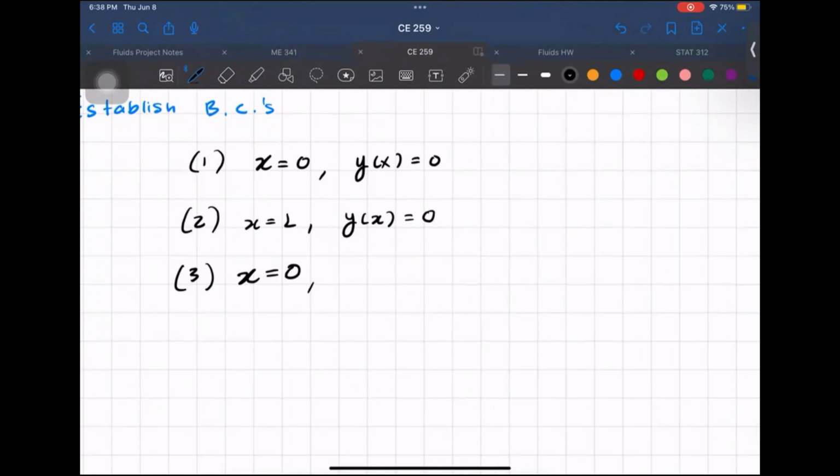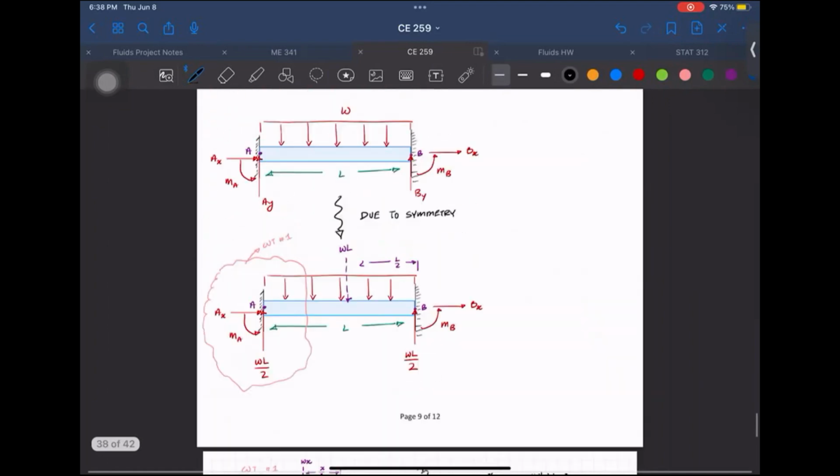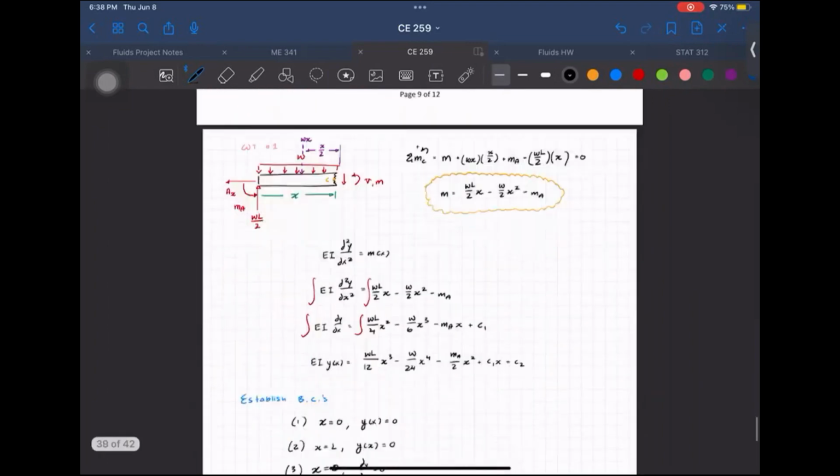I'm sorry, not the deflection, the slope. So at x equals 0, dy dx is going to be 0, and at x equals L, dy dx is also 0. So you have 4 boundary conditions that you could work with in this problem.